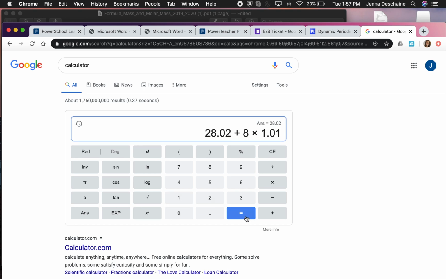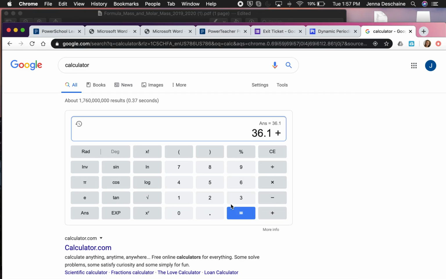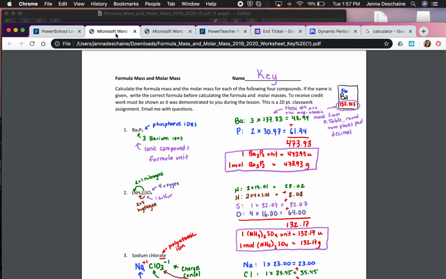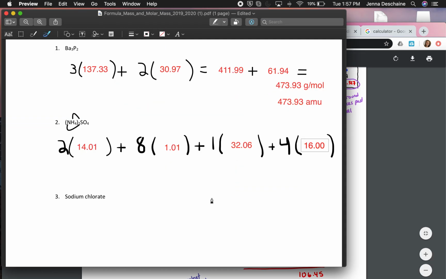Hopefully my order of operations are correct. Looks like it. Plus 32.06. And then plus 4 times 16. Okay, so my final answer should be 132.16, and that's pretty dang close, all right?